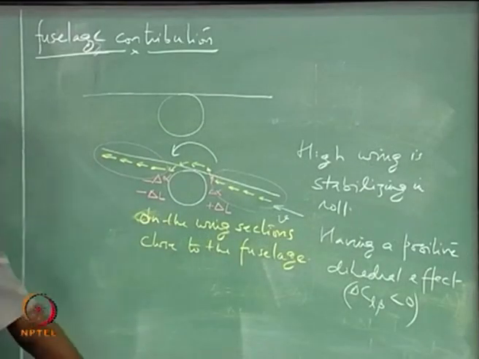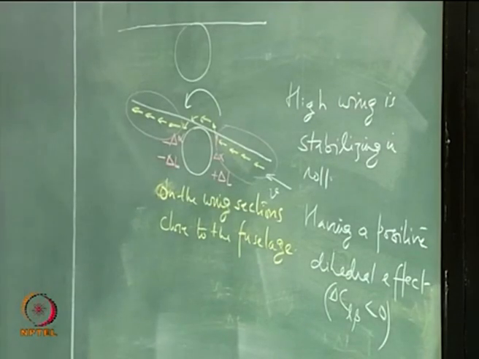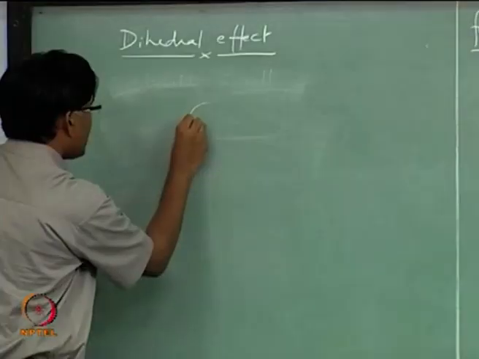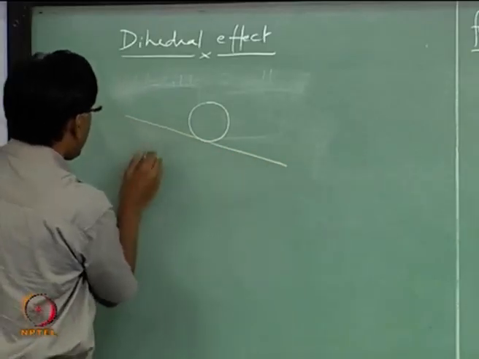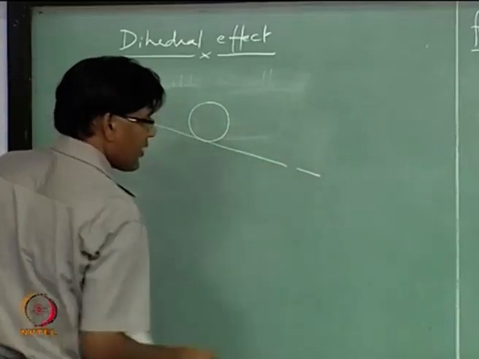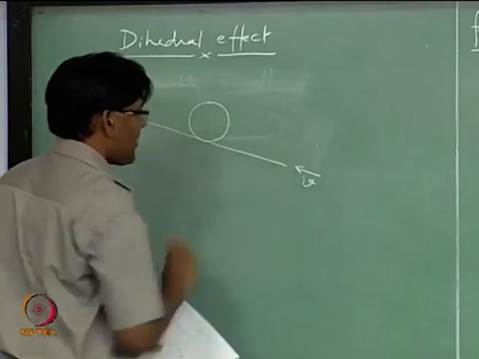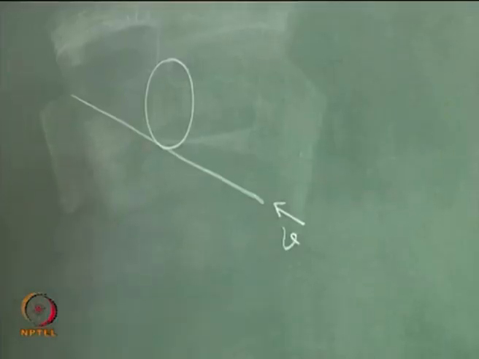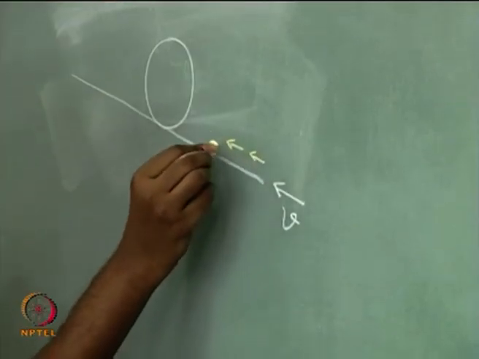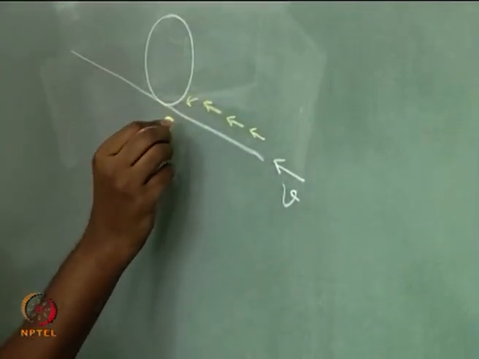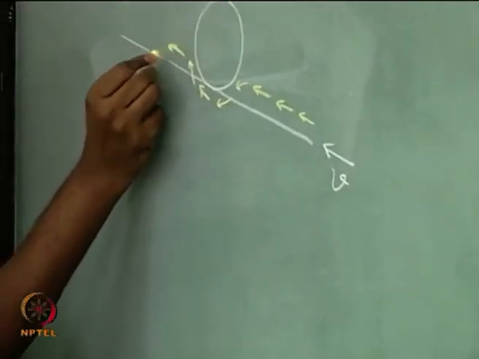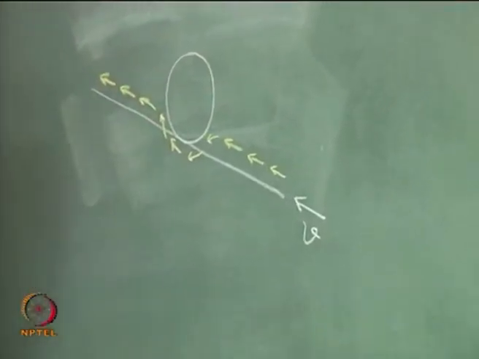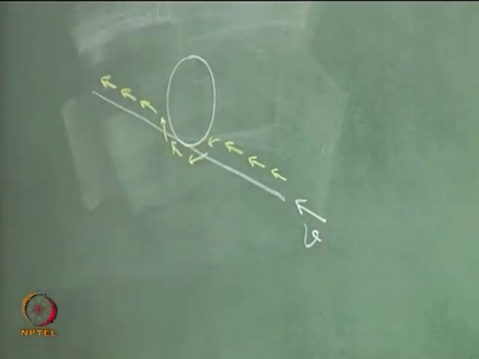Okay, so let us also look at what happens when it is a low wing. Same reason again now, right.